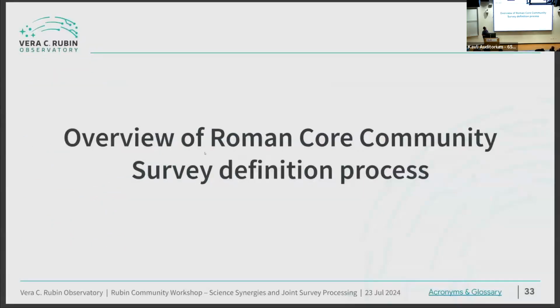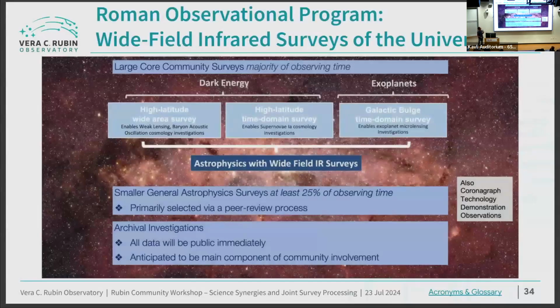Okay, so Roman is a 5-year mission, and the vast majority of the observing time, at least at the very beginning, will focus on 3 large community surveys shown here. The 2 on the left, the high latitude wide area survey and the high latitude time domain survey, focus on cosmology, weak lensing in the wide area, and type 1a supernova cosmology in the time domain survey, as well as the third one, the galactic bulge time domain survey, which will focus on exoplanets.